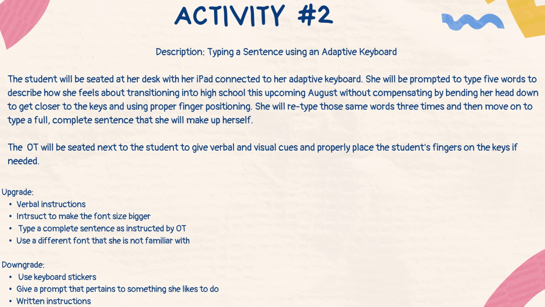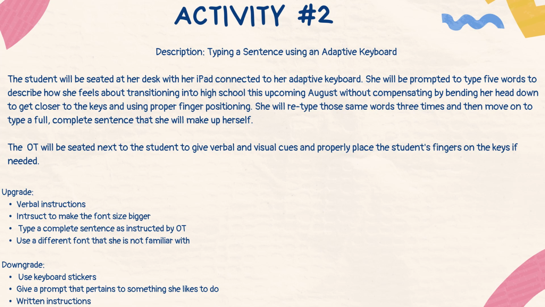And keyboarding and writing, as we've been talking about this entire time, is something that was really focused on during my time at fieldwork when we would see this student. So typing something that she's excited about, I figured, would make her learn better when using her adaptive keyboard.